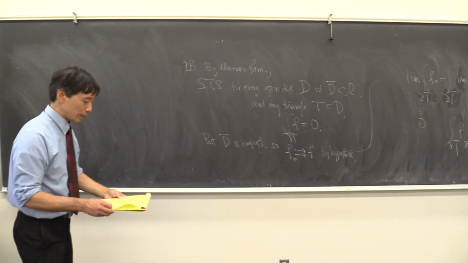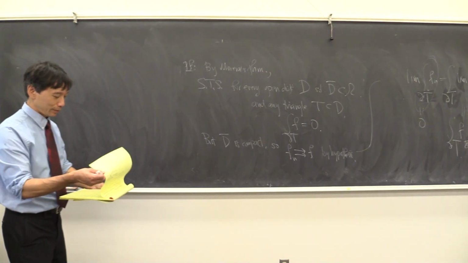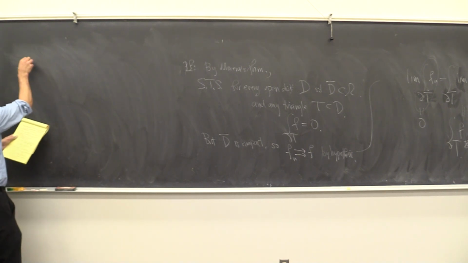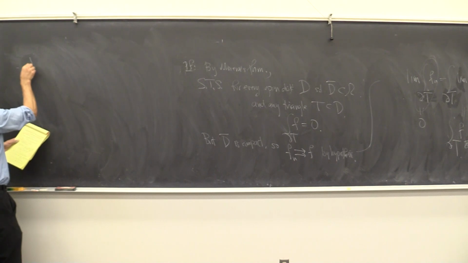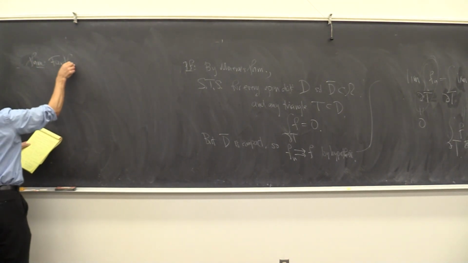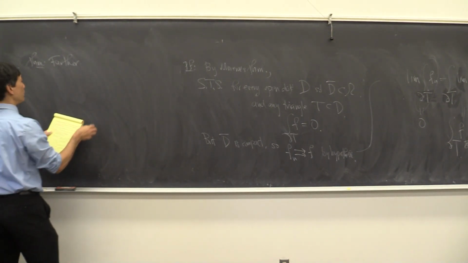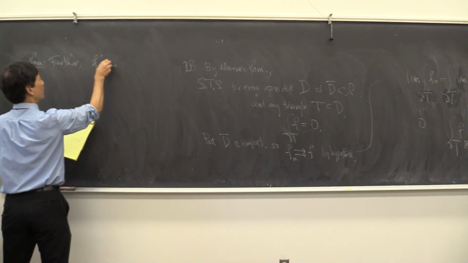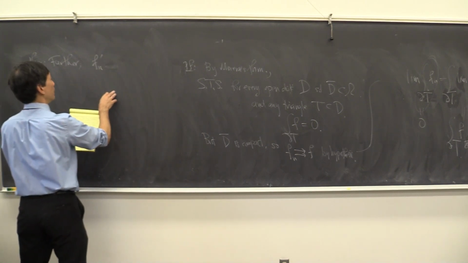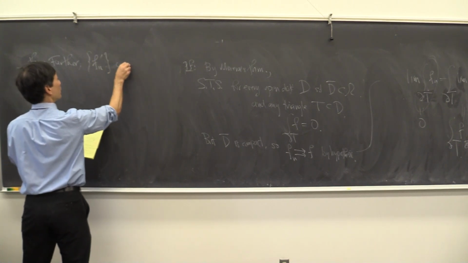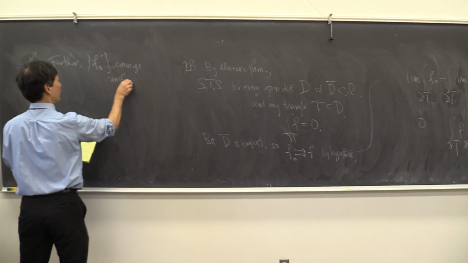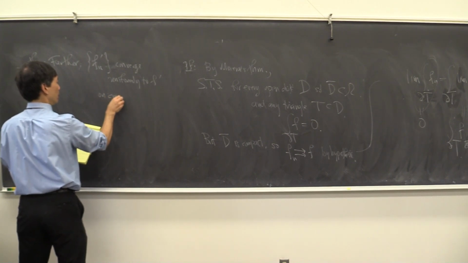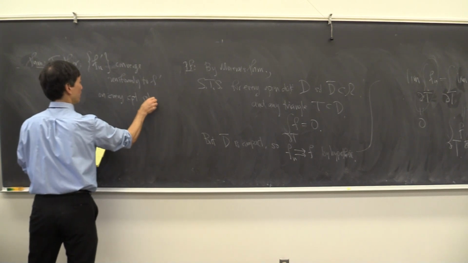Okay, I think this might be the last thing I'm going to show. Further, under the assumptions of the previous, the derivatives of the f sub n converge uniformly to the derivative of f on every compact subset of omega.